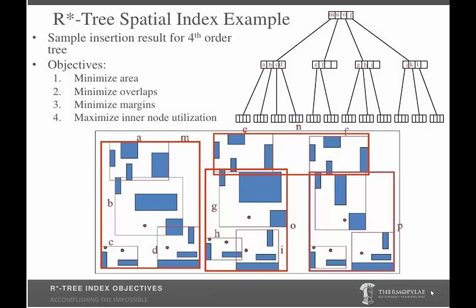I can't say I'm an expert on these, but how do you build this hierarchical set of boxes? Well, they're built to minimize how big they are and to minimize the overlap between the boxes. You can't totally eliminate overlap, but they minimize it between the various boxes. They also minimize the margins, which I'm not quite sure what that refers to, and maximize inner node utilization.